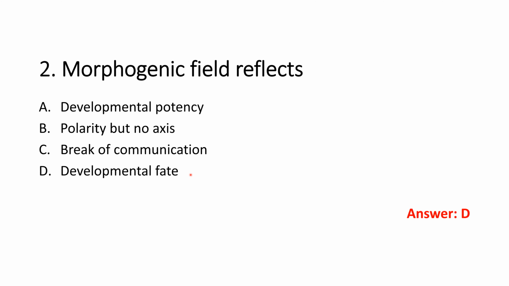If you see the explanation, morphogenetic fields are hypothetical organizing fields that play a role in embryonic development. They are thought to guide the differentiation and development of cells and tissues in the embryo, ultimately determining their developmental fate.